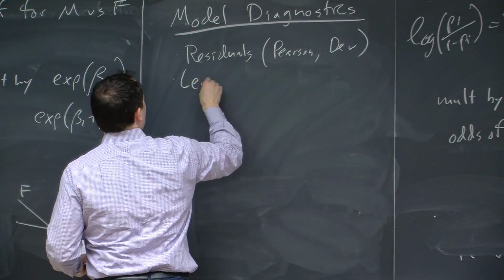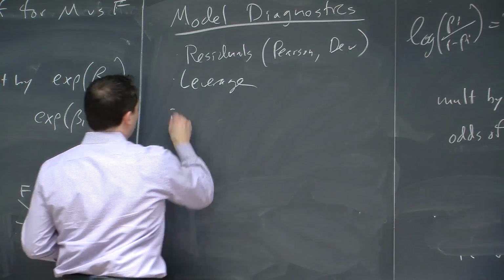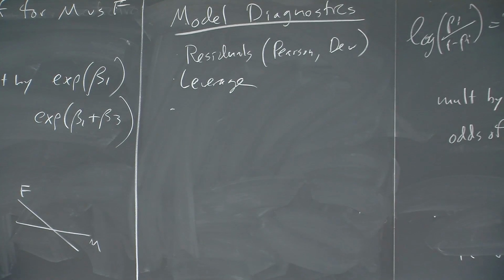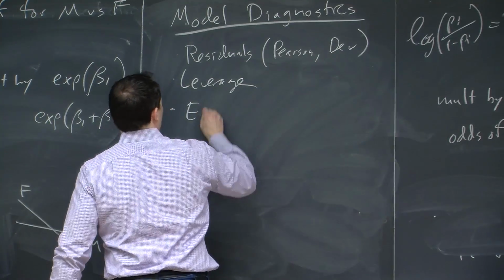We can look at leverage. And another thing we can do, which doesn't require translating ideas from regression and forcing them into this, is the effects of removing things.